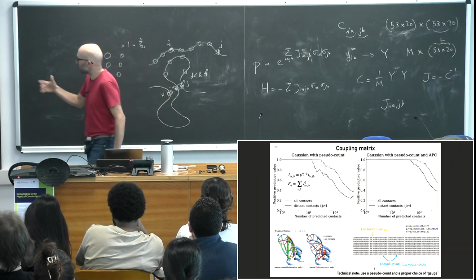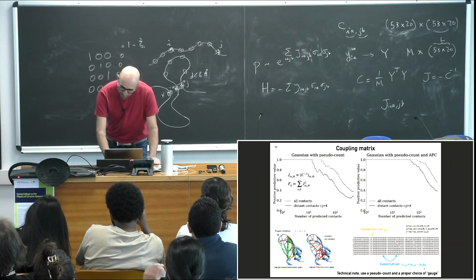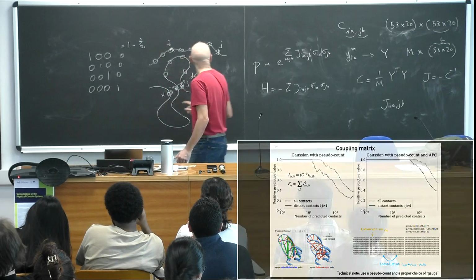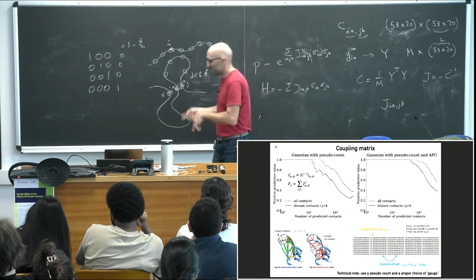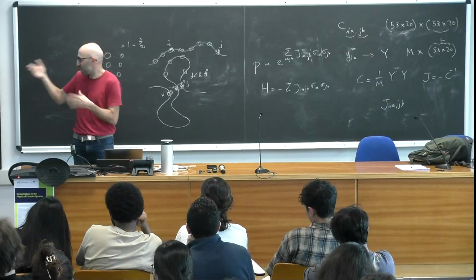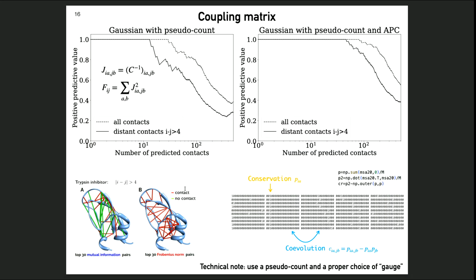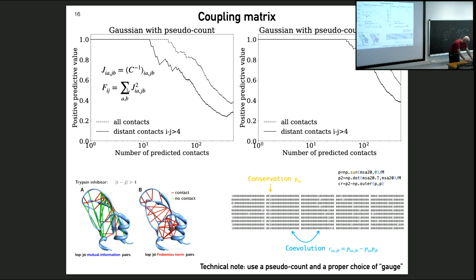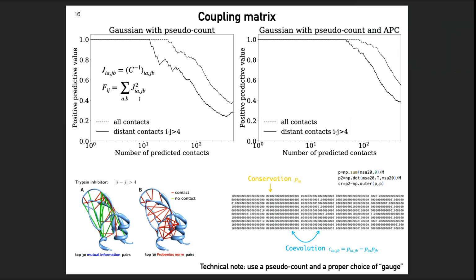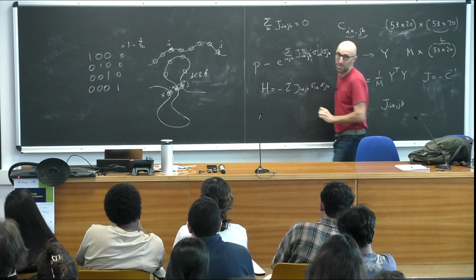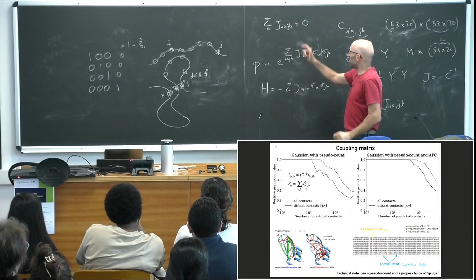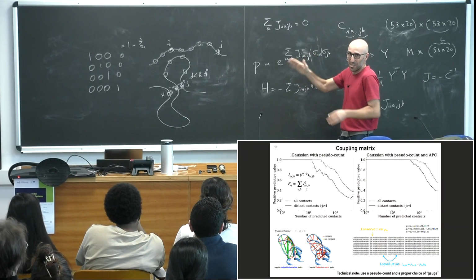Also, because of the invariance of the model under this over-parametrization, this gauge transformation as we call it, it's better to choose a gauge that minimizes this F. So you do a transformation to what is called the zero-sum gauge, that is a choice of these J's such that the sum over a of J_iaJb is equal to 0. I told you that you can add a constant to each line and column of the matrix.